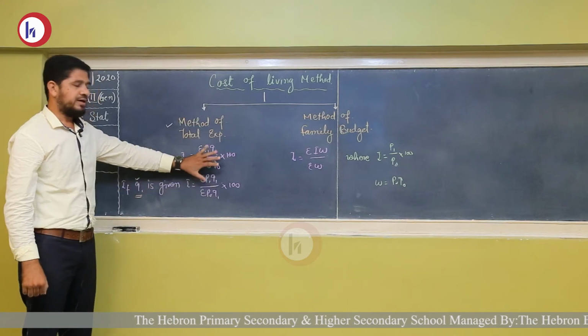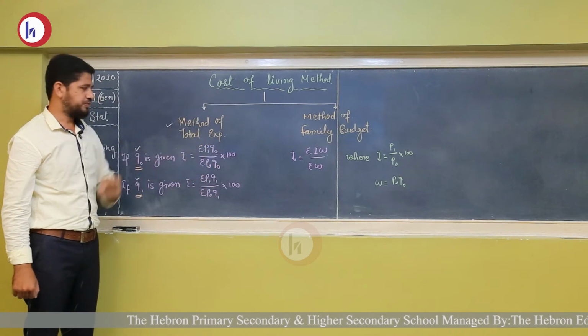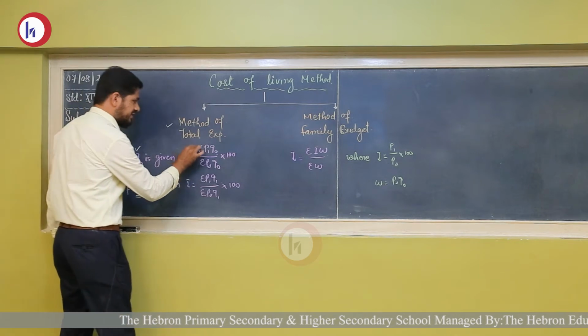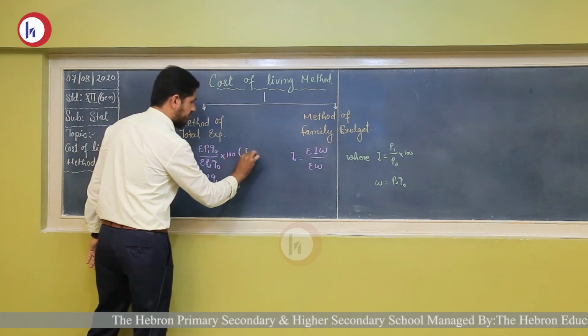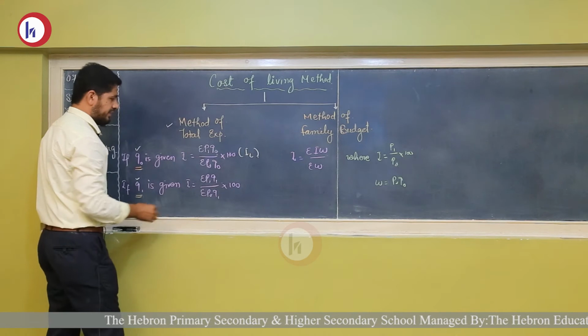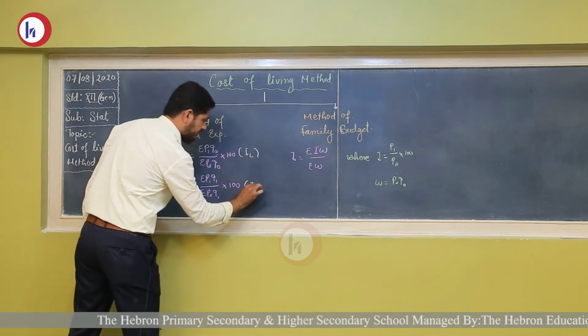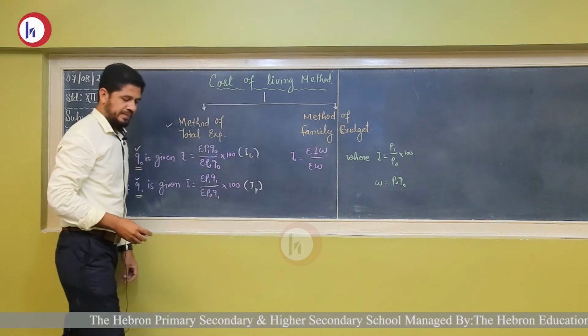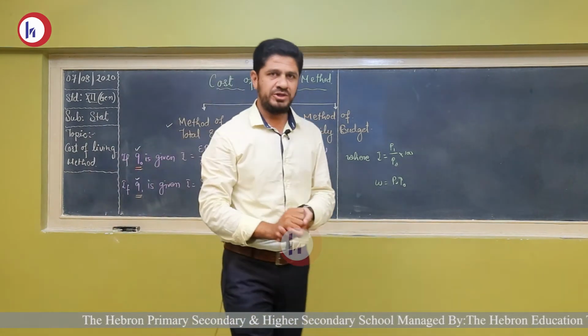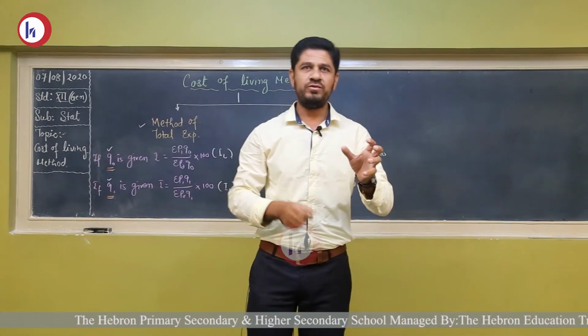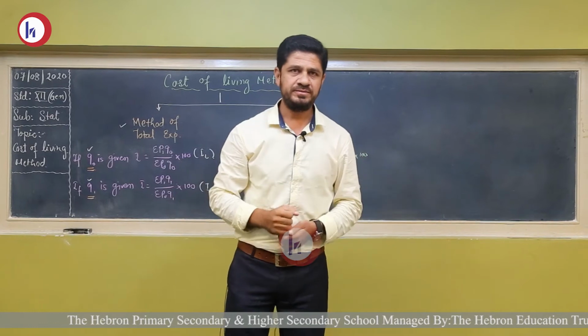These formulas are also not new to you. Just see this formula. This is nothing but the formula of Laspeyres, and this is nothing but the formula of Paasche. Students, you do not need to remember at what time what formula we need to use.